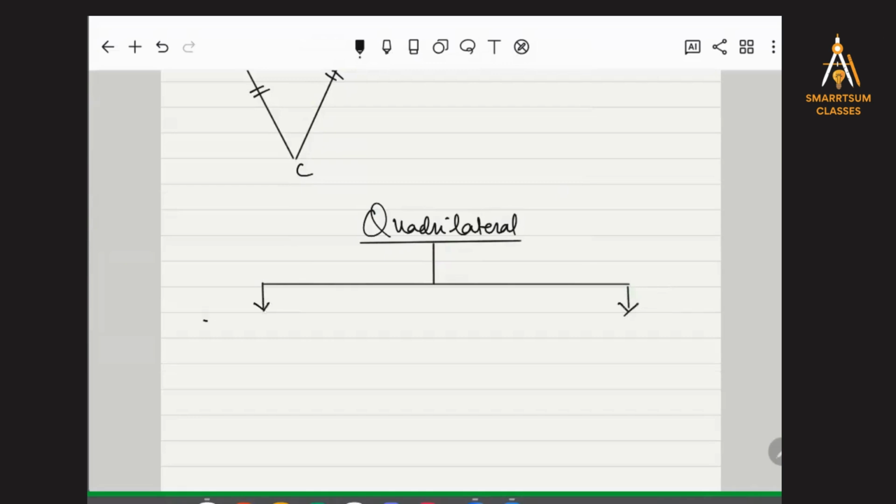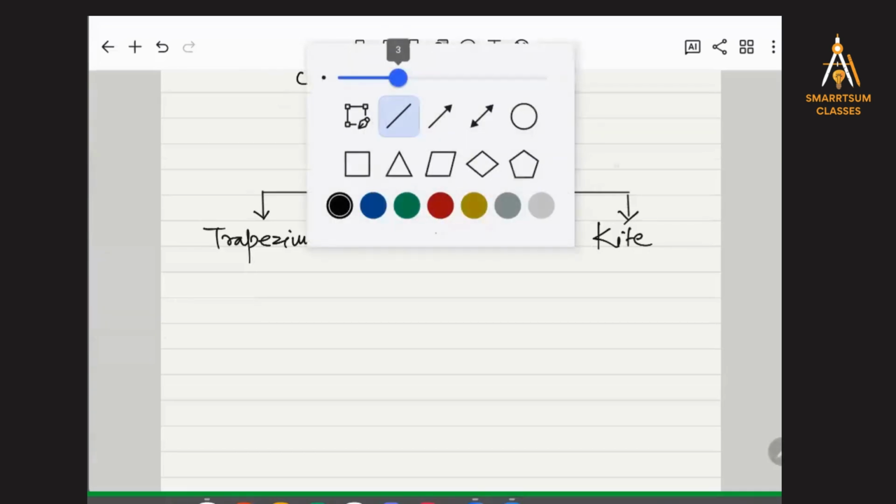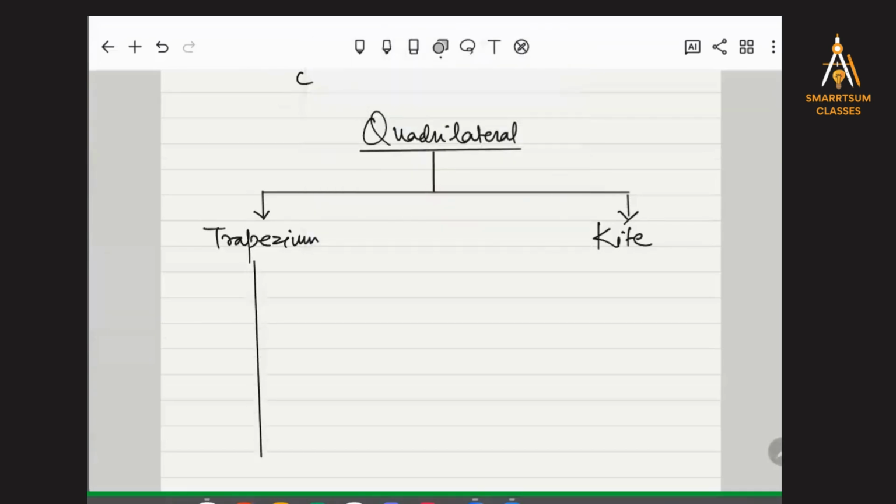One is trapezium and the other is kite. Only two broad categories are there for quadrilateral. Now within trapezium, we have all the categories, that is parallelogram, rectangle, square, rhombus. Every figure is a trapezium. Are you getting this? Okay, and why? I told you that. If anybody has any doubt related to this, can tell me.